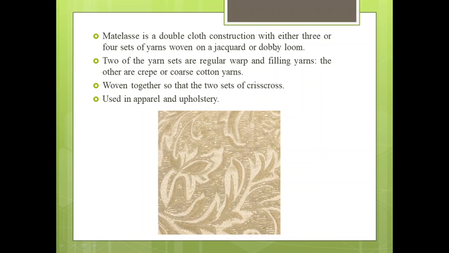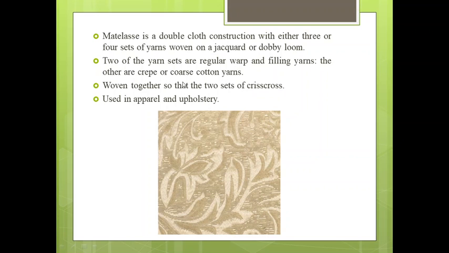This is produced with either 3 or 4 sets of yarn woven on a jacquard or dobby loom, and prominently it is produced with the 4 sets of yarn. Two of the yarn sets are regular warp and filling yarn. The others are crepe or coarse cotton yarn.